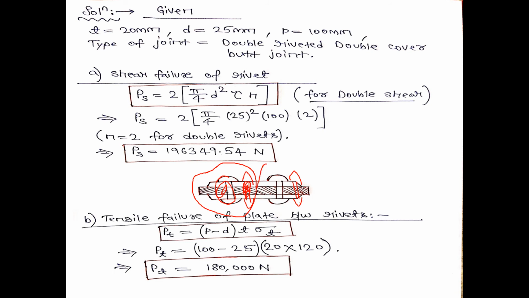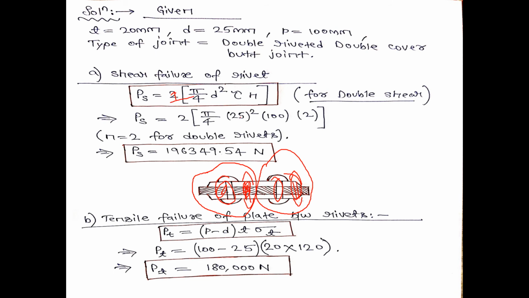Similarly, when plate B is connected with both the cover plates, again shearing is happening two times, one over here and one over here. So I can modify the shear strength of the rivet as 2 times pi by 4 d square tau into n. Why is this 2 coming outside? Because 2 times shearing is happening. If shearing would have happened one time, then this would have become 1.